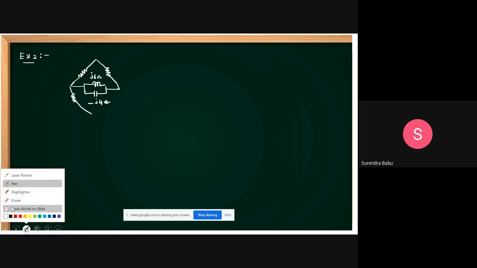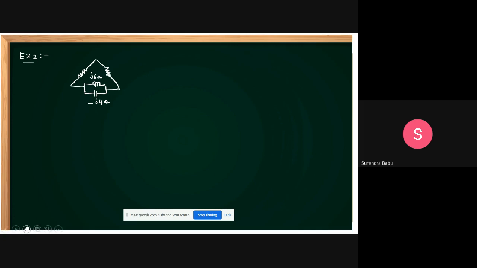This resistance is given as 2 ohms. And one more resistance is given, this is 2 ohms. This is minus j4 ohms.